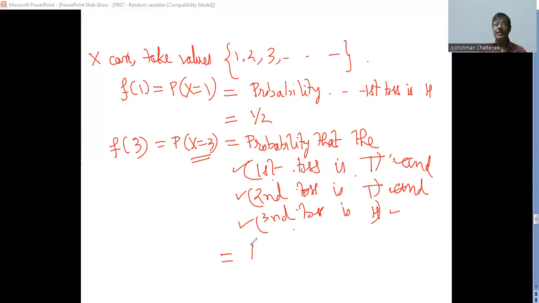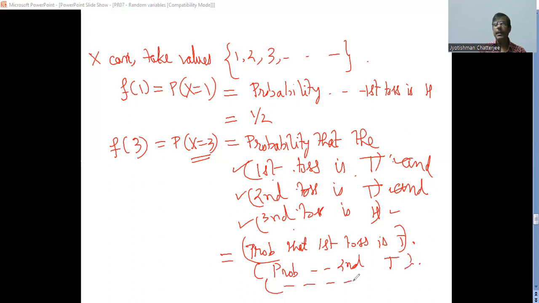So it will be the same as the probability that the first toss is tail, multiplied by the probability that the second is tail, multiplied by the probability that the third is head. I didn't write these things in full, but you understand what I mean here.